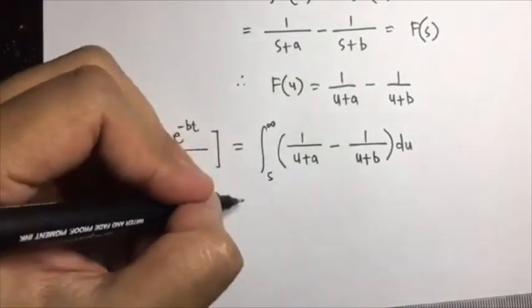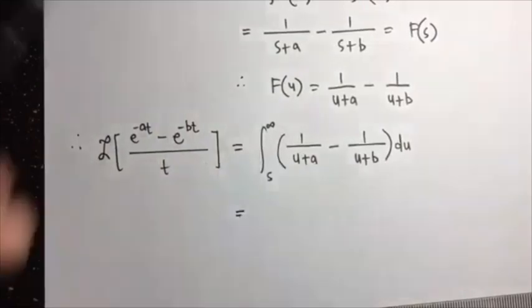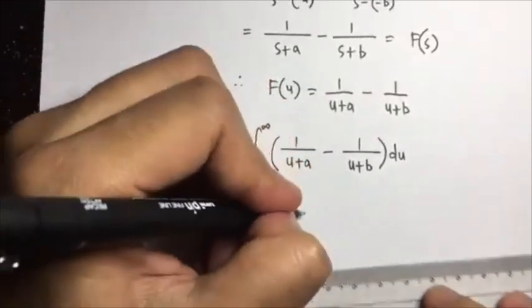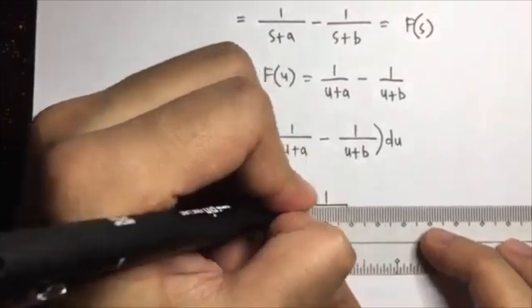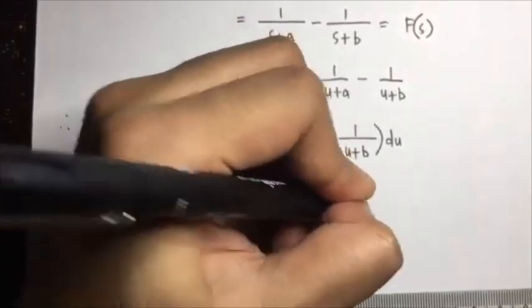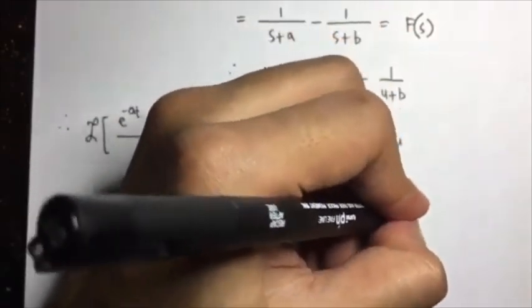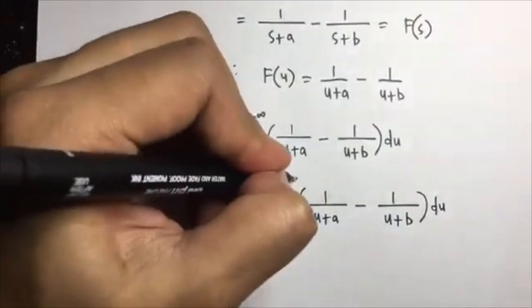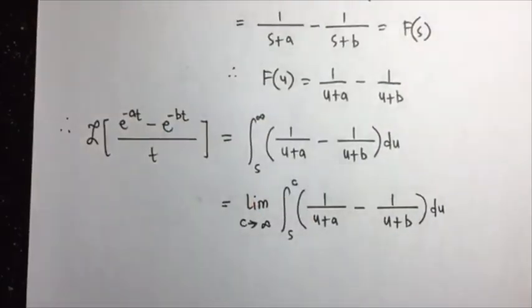Again, we can replace infinity with another letter. Since we already have a and b, we can use c. So the limit of the integral of 1 over u plus a minus 1 over u plus b du from s to c as c approaches infinity.